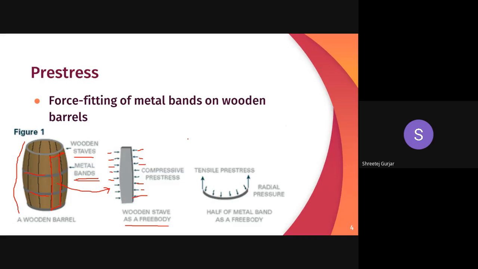Hoop compression is applied to the wooden staves, which holds the barrel together as a single element. So that is one example wherein you can see pre-stress has been used long before concrete.